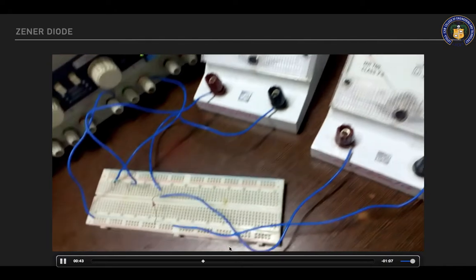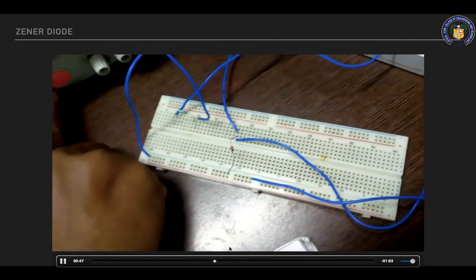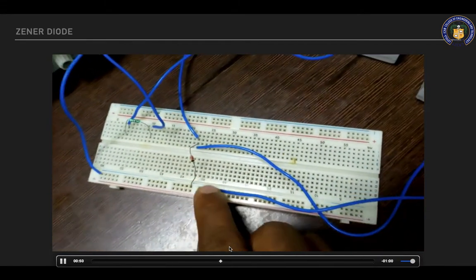In reverse bias, change the diode in reverse, means cathode to anode. Switch off the supply.